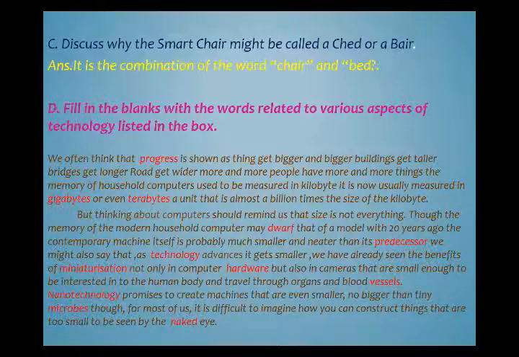Now we have exercise D on page number 142 and 143. The question is: fill in the blanks with the words related to various aspects of technology listed in the box.